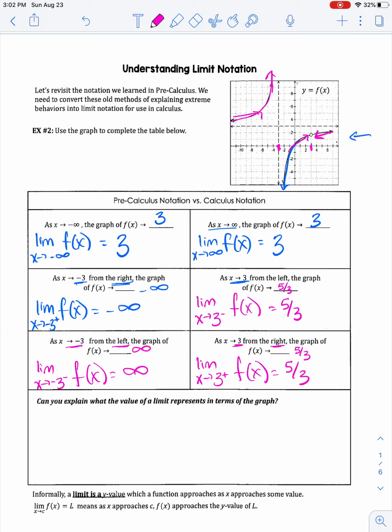Okay. Can you explain what the value of a limit represents in terms of the graph? Okay, so the value of the limit, first of all, is a y value. And it's not the y value of the function at that particular x value.